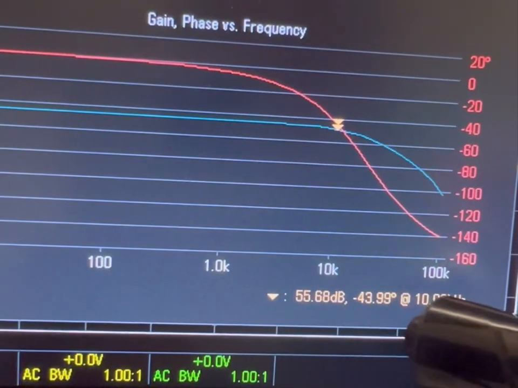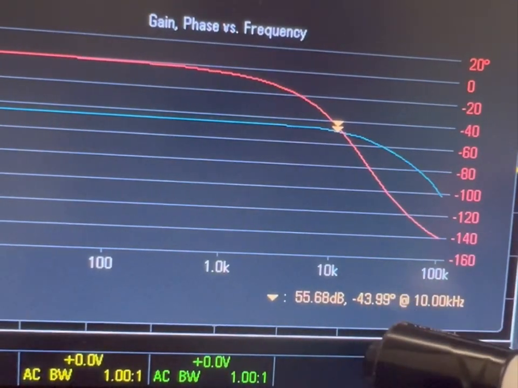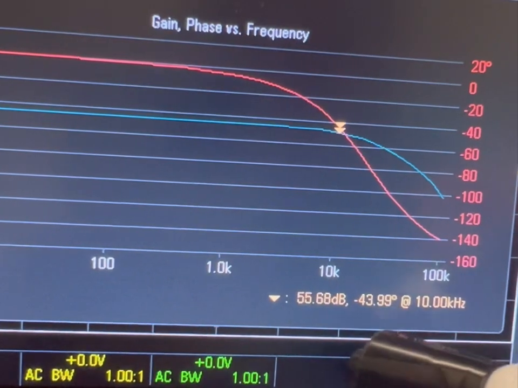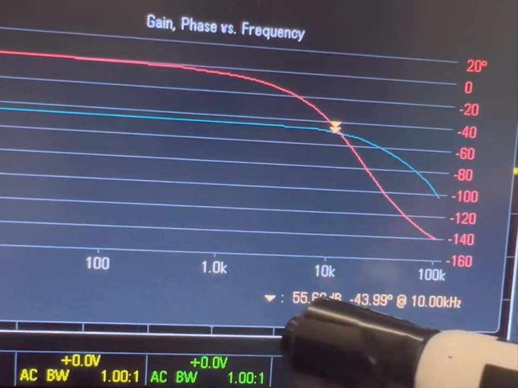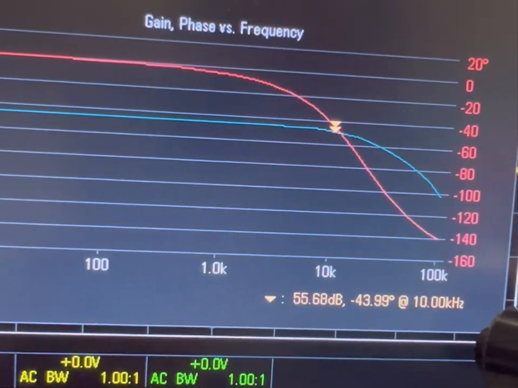As you see, the phase shift is negative 45, around 45, and it's happening at 10 kilohertz.